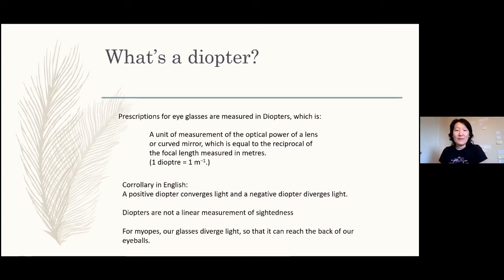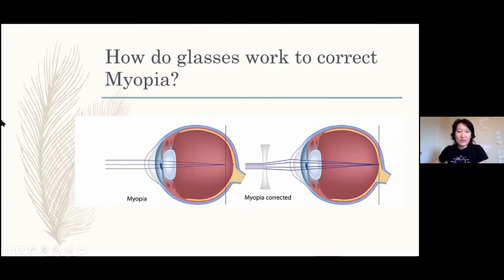For myopes, our glasses diverge light, in the sense that it spreads it out more than converging. If you're farsighted, it's more like a magnifying effect. For nearsighted, it's the opposite, because when you wear a myopia corrected lens, it's diverging the light, so it can reach the eyeball further in the back, and now it hits the retina, and now you can see clearly.